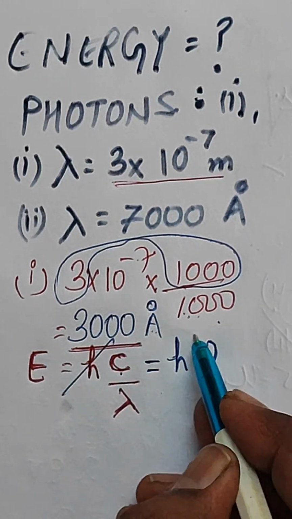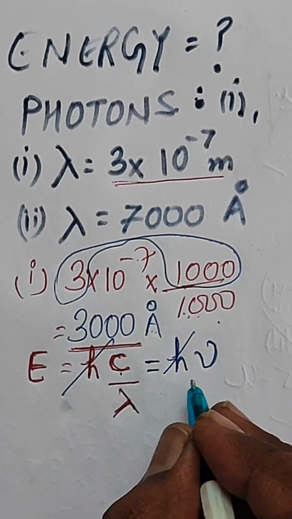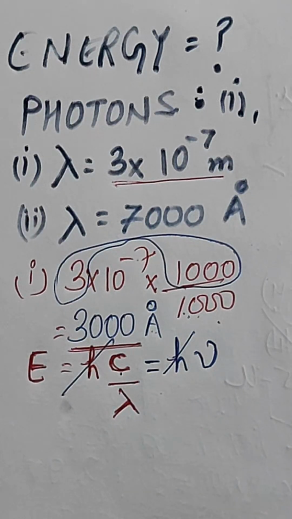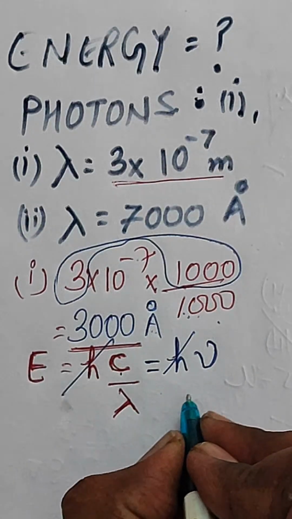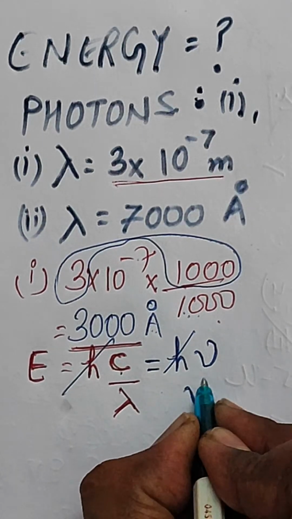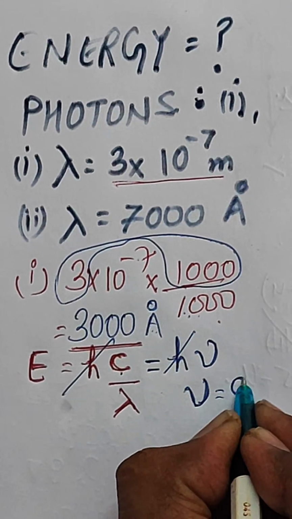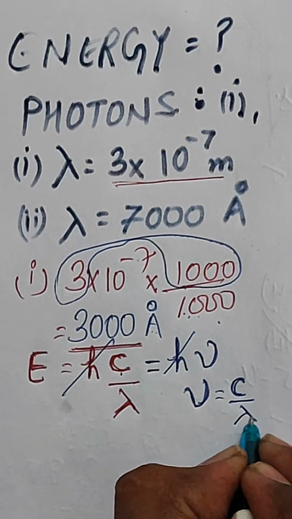So h and h cancel out, and mu is equal to c by lambda. So this frequency is equal to c by lambda.